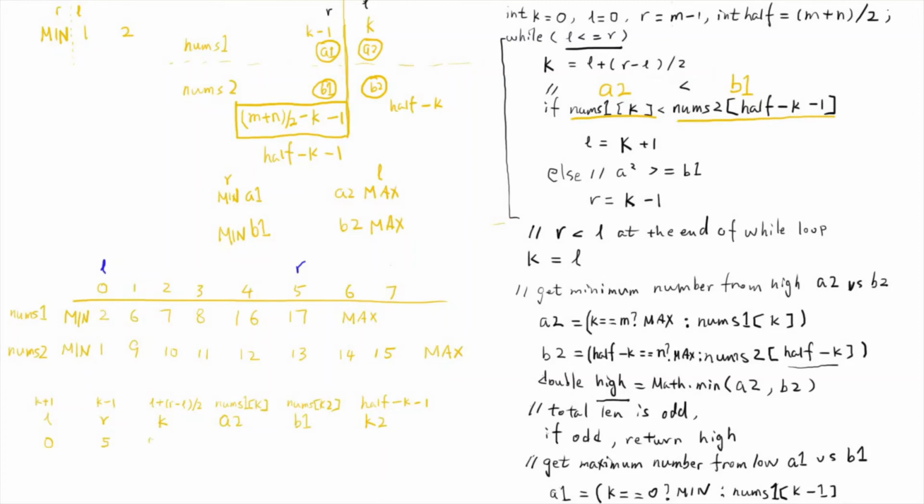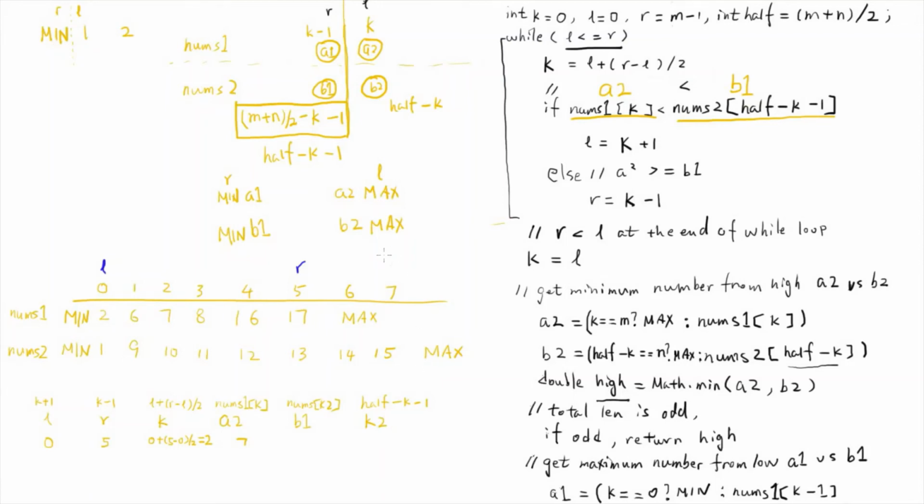And the k is 0 plus 5 minus 0 divided by 2, which is equal to 2. And nums1 at the k position is 7. And the k2 is half minus k minus 1. So the first array has a length of 6, and the second array has a length of 8.